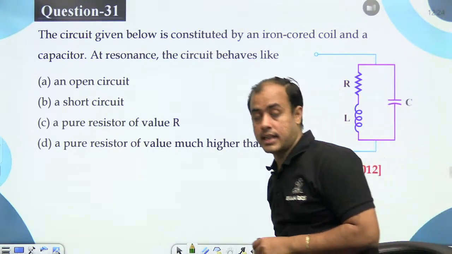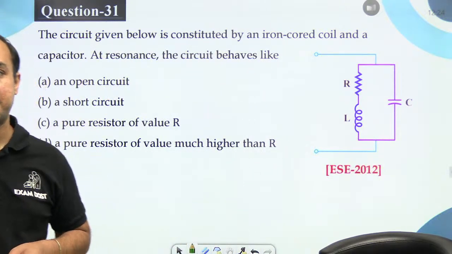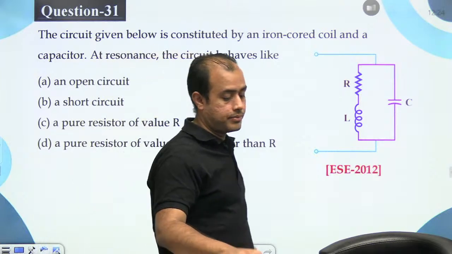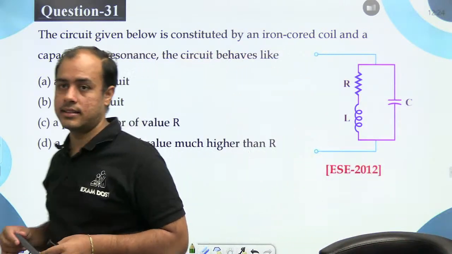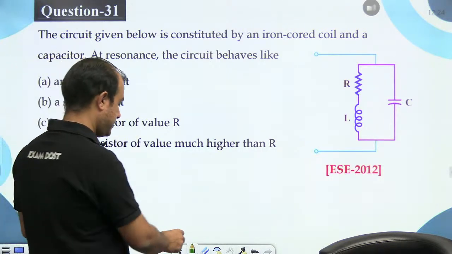Let's go, the circuit given below is constituted by an iron core coil and a capacitor. At resonance, what is the behavior of this circuit?